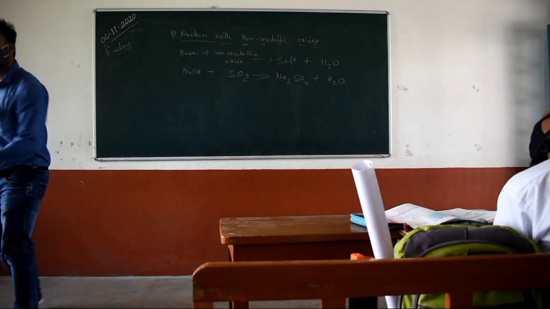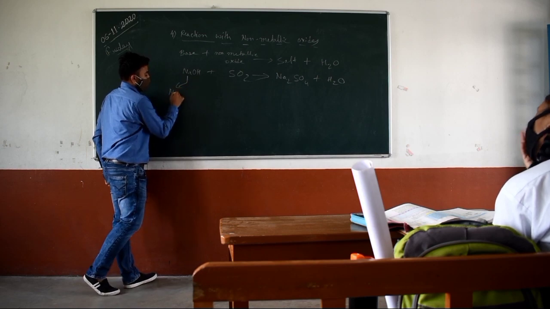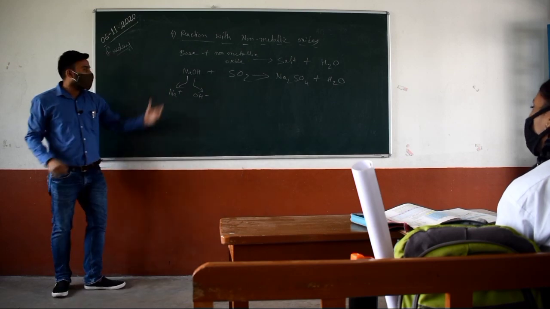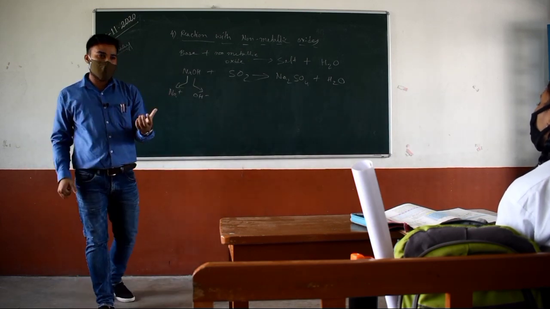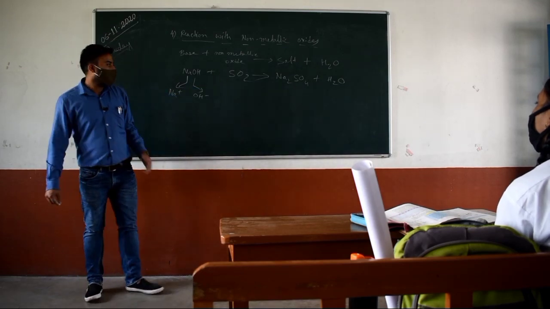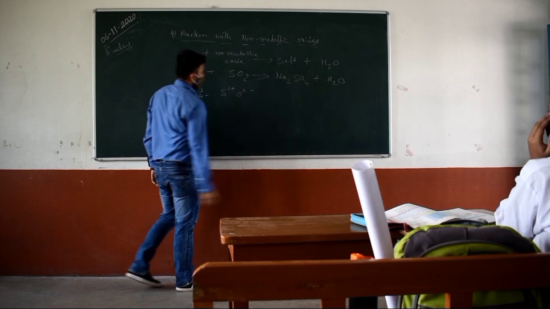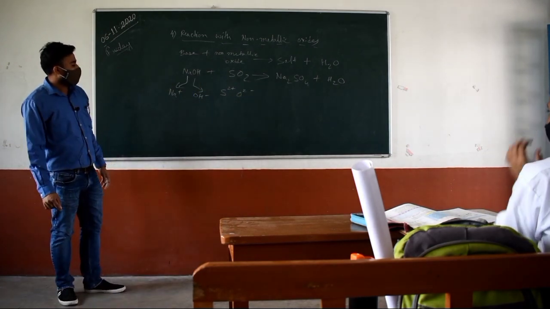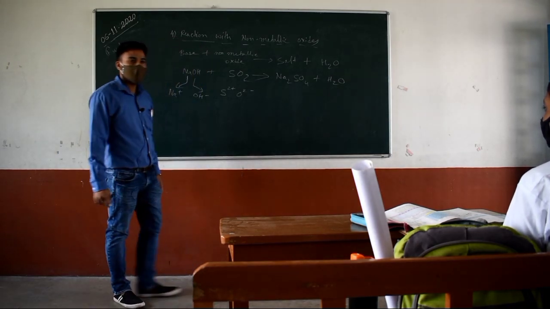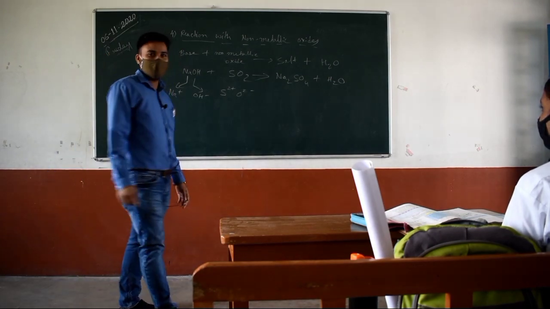Clear? Here again you can see, Na positive and OH negative. This will break into two parts, positive part and negative part. Similarly this one also will break into two parts, S positive and O negative, right?